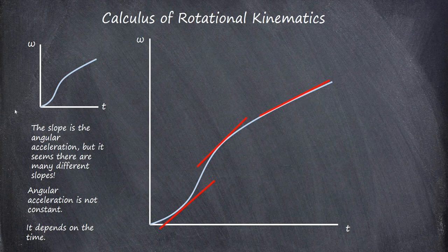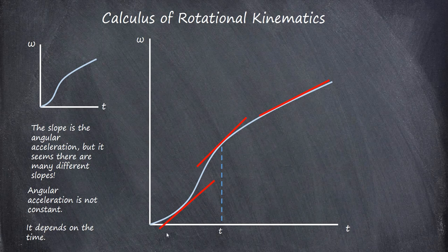So for this kind of graph, we're more interested in finding what the slope is, or what the acceleration is, for each time interval. So maybe for this specific instant of time, we're trying to find out what the slope or the acceleration is at that point in time.